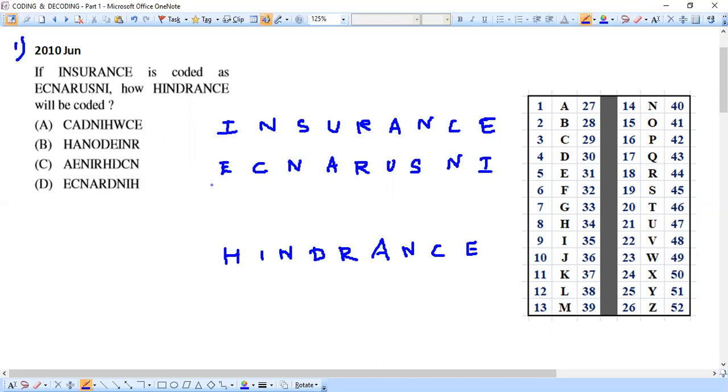This is the first test we need to undergo, right? This is what we have already seen in fundamentals. In the given question, we have the word insurance, and the code for insurance is given below that. So we'll have to see whether they have used the same letters or some different set of letters.